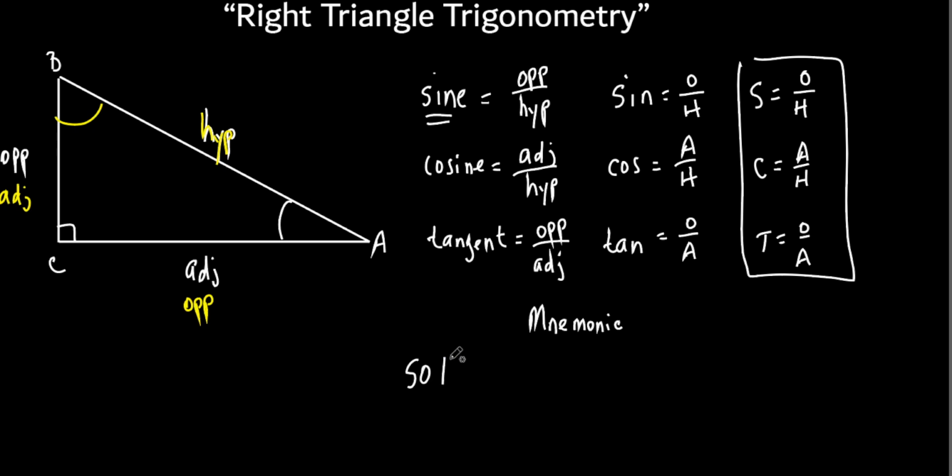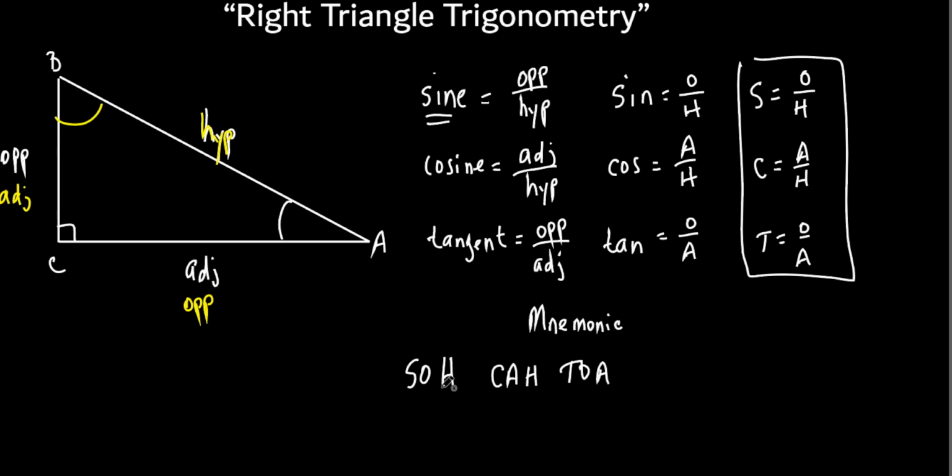This is SOH, and then CAH, and then TOA. When I learned this in high school, my teacher said TOA SOHCAH. That's what he always said. It sounds weird now because we always say SOHCAHTOA, but he always said it the other way. Does it really make any difference? No, but that's how you remember it.